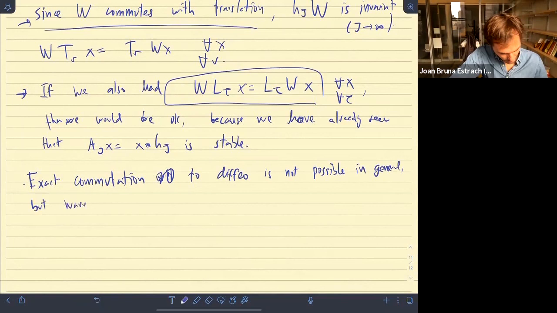but wavelets satisfy the next best thing.